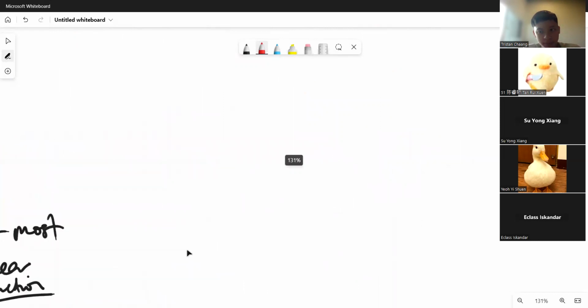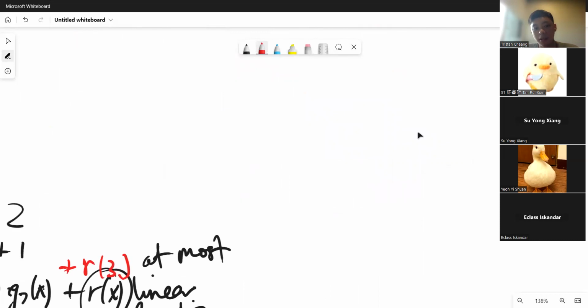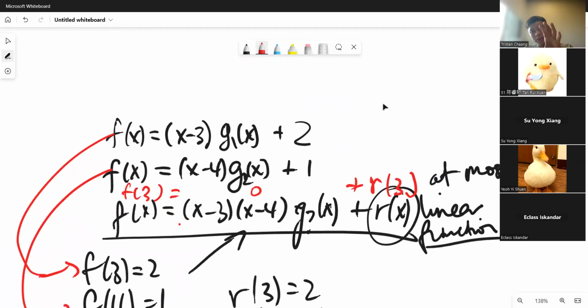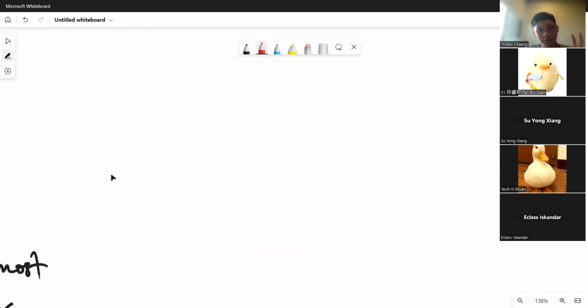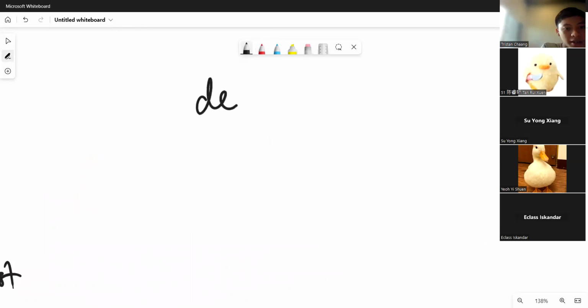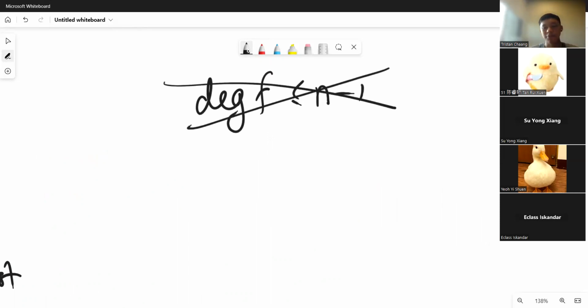Well, the next exercise is about loosening the problem. So let's say we don't impose the condition that the degree of f is less than or equal to n minus 1. We just let the degree be any number that we want. Then of course there will be infinitely many solutions, right?